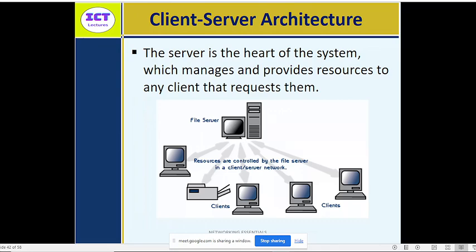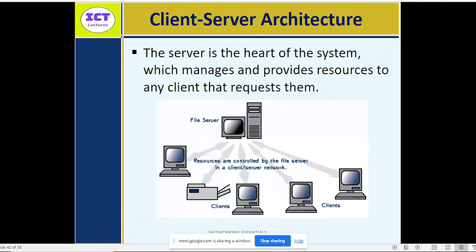So wherever you see a peer-to-peer network, chances are at some point they could use a client-server architecture, but they are different, as you're going to see. So in a client-server, the server is a centralized computer.